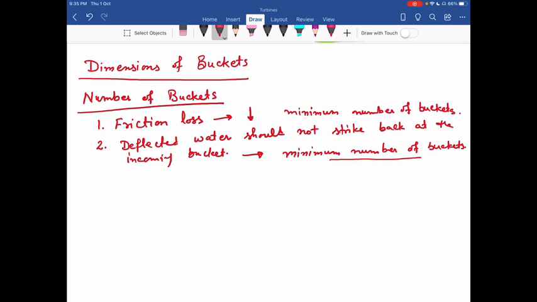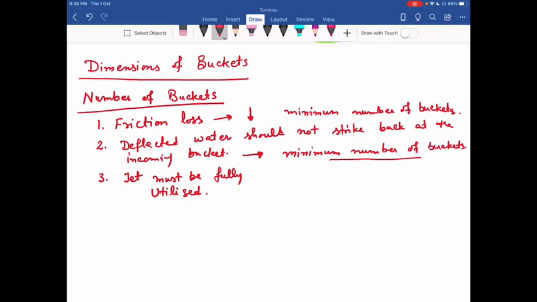Now another factor is that the available jet must be fully utilized. The jet available with us should be fully utilized. So if we want to use that jet fully, this factor says we should have the maximum number of buckets.